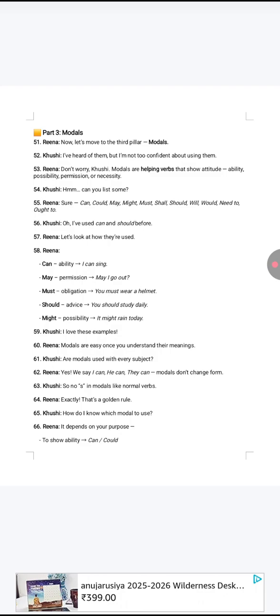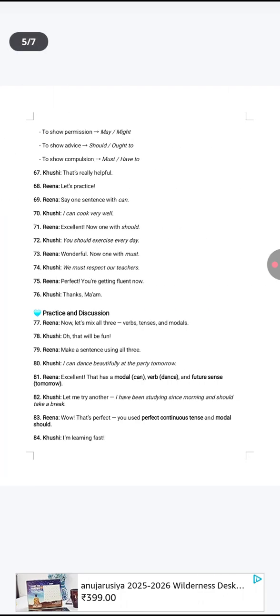How do I know which modal to use? Okay. So basically it depends on your purpose. If you want to show your ability, then you can use can and could. And second, if you want to show permission or you want to take permission, then you can use may and might.